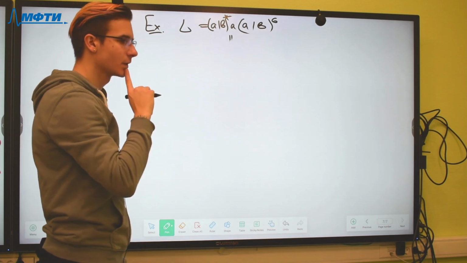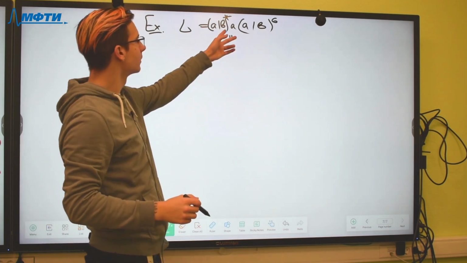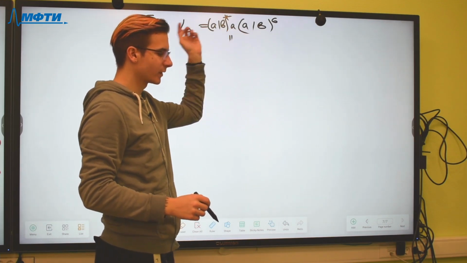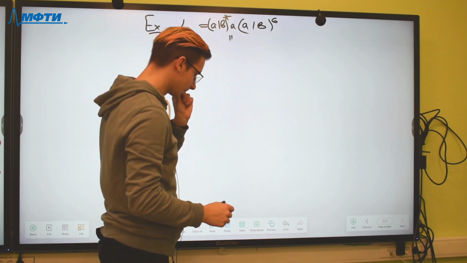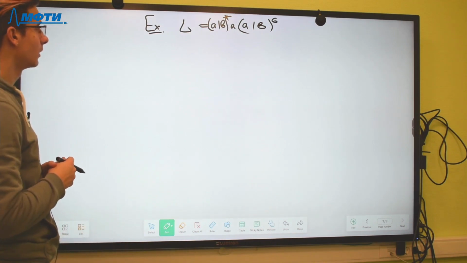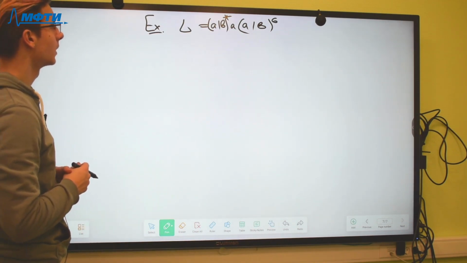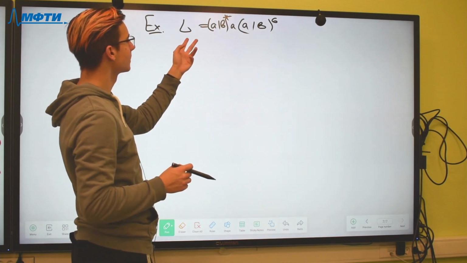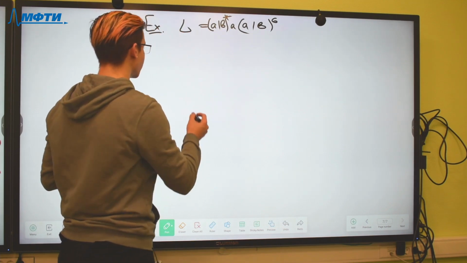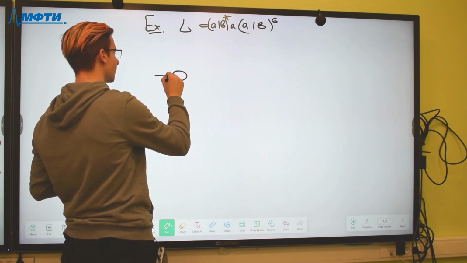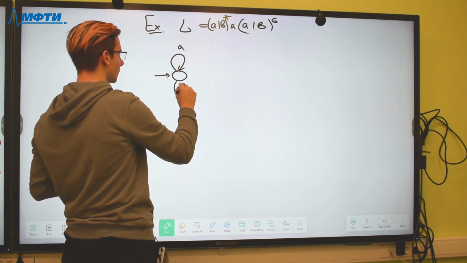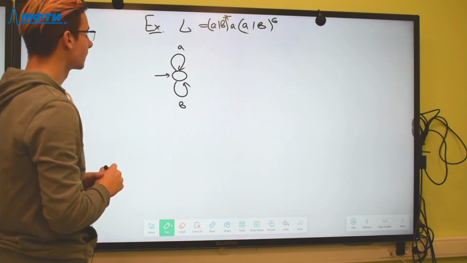It is the words with the A in the 7th position from the end of the word. So it is simple to find an NFA with this language, because we can set the initial state with two edges, A and B.